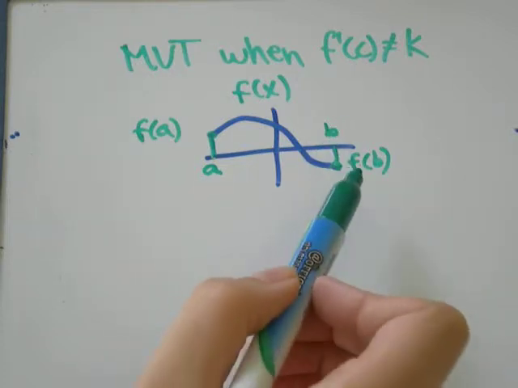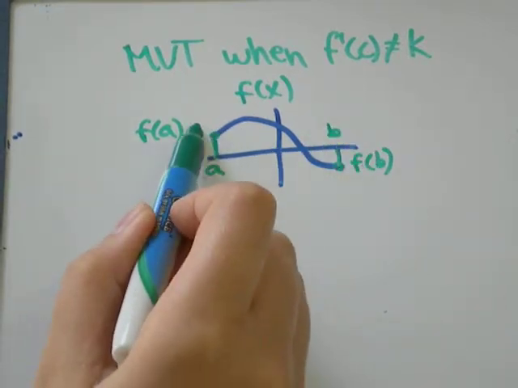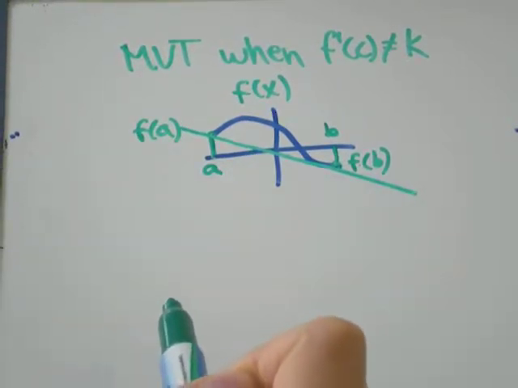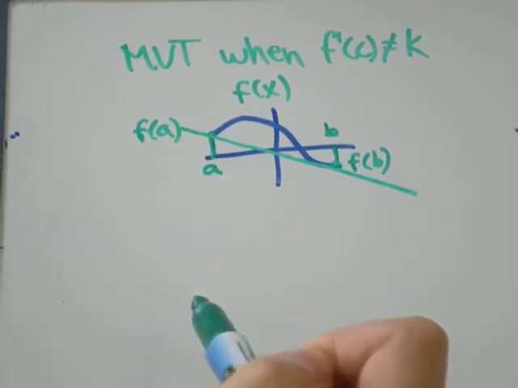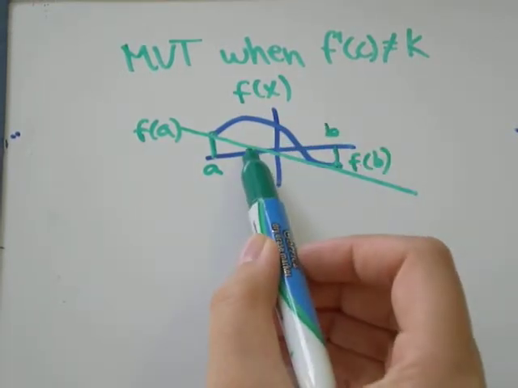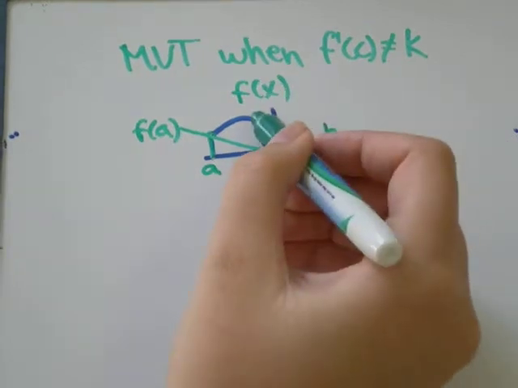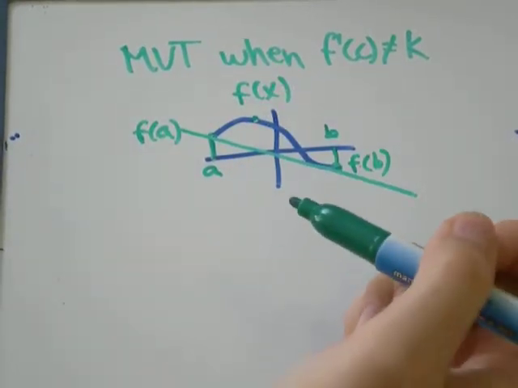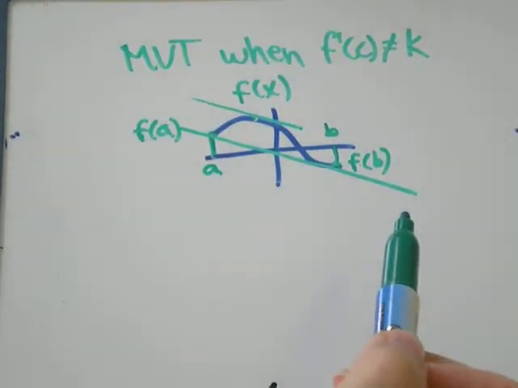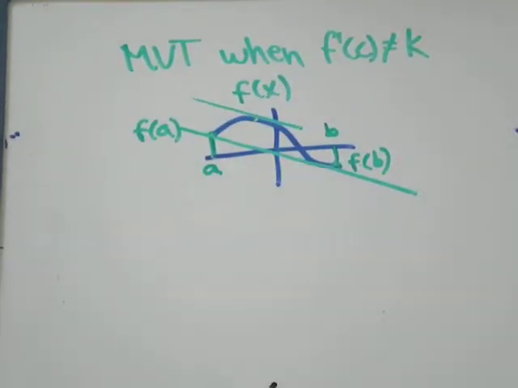It says that if you connect these 2 points with a line, the slope of that line is equal to the slope of the tangent line to a point on the graph that is between a and b. Which, in English, just means there's another point somewhere on the graph that has a tangent line of the same slope.